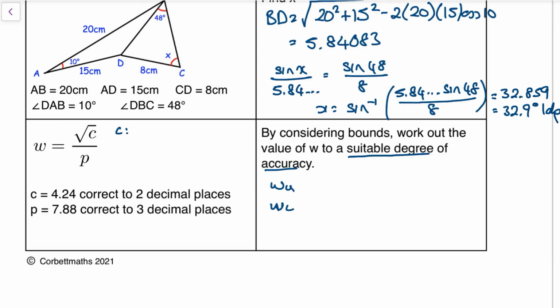So C is 4.24. To 2 decimal places, the value above is 4.25 and the value below is 4.23, which means the range is 4.235 to 4.245. Okay, for space reasons I'll do P down here. So P is 7.88. Oh, okay, to 3 decimal places.